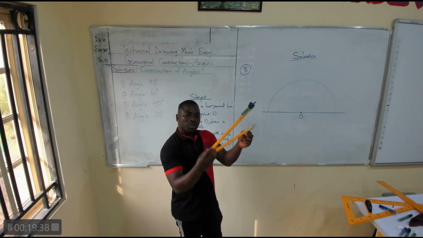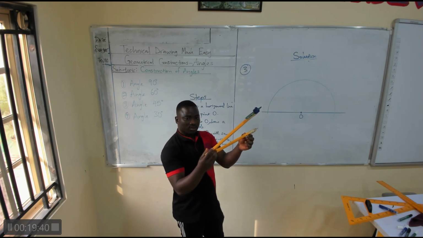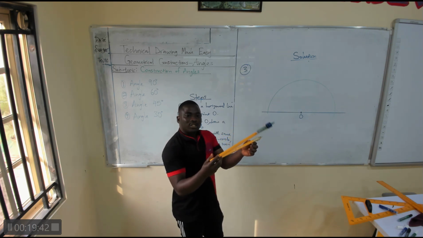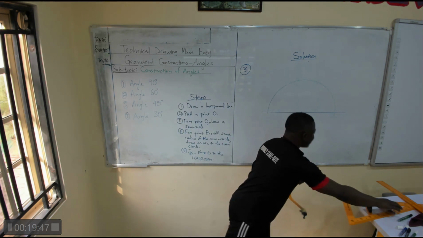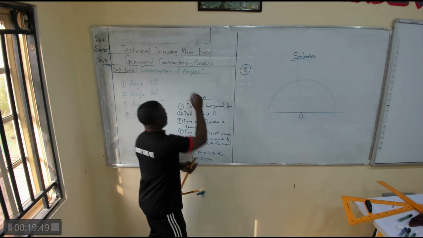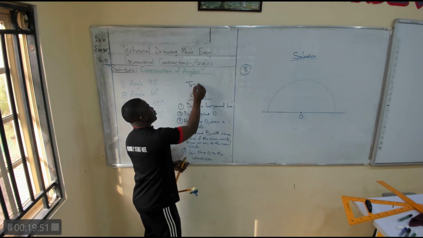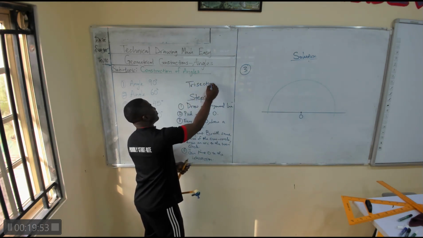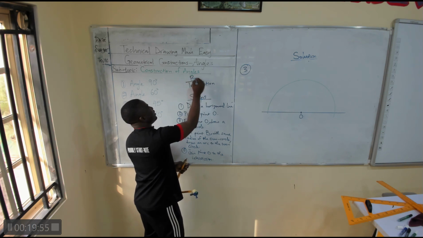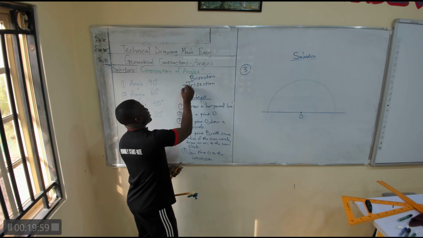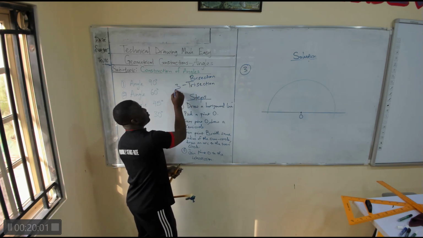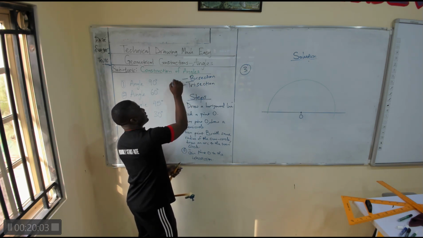To get 60, it must be with the same radius. This method is called trisection. Look at it. Trisection. The first one I mentioned is bisection. Trisection is to divide into 3 equal parts.